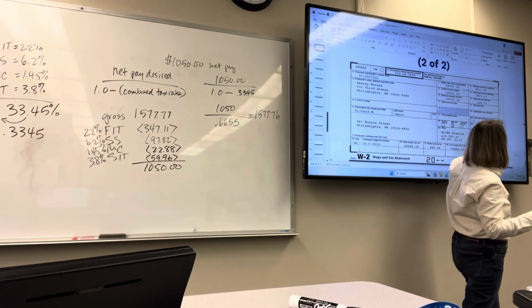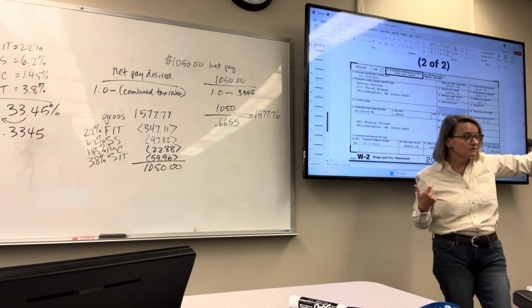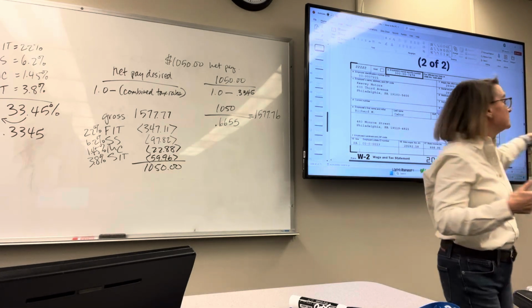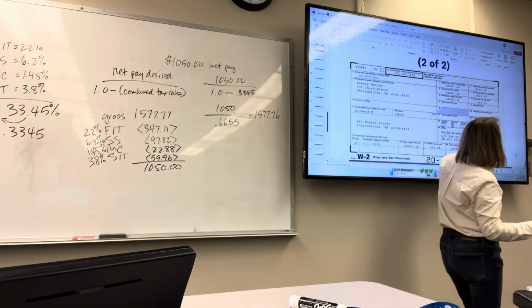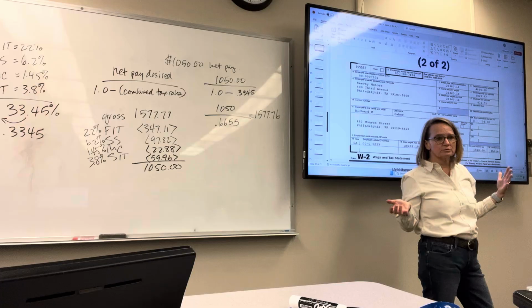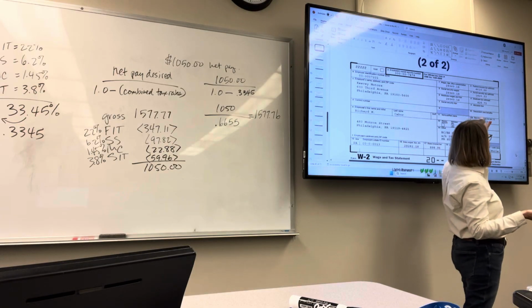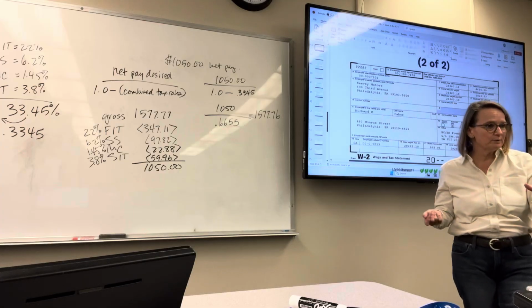Box 12, you see there are 4 boxes here. This is for pre-tax deductions. And here's where they made a mistake. Each of these types of deductions has its own letter code. So code C is for retirement plan contributions.